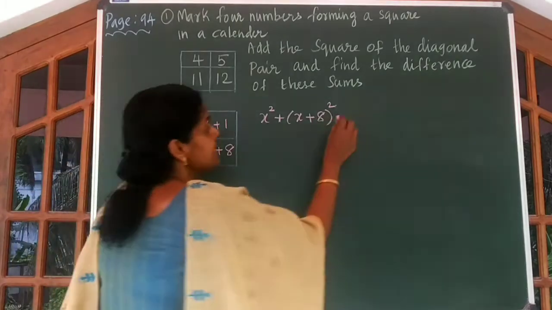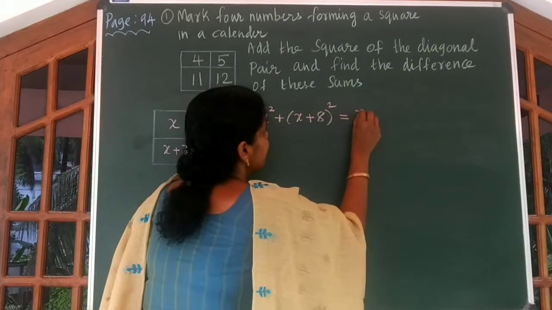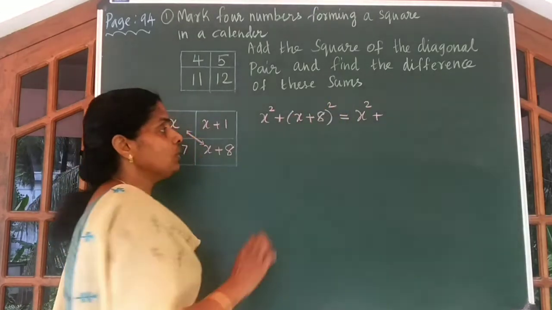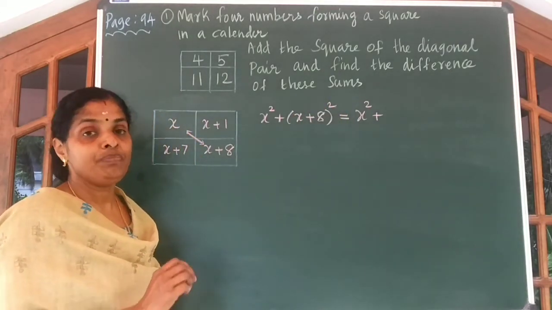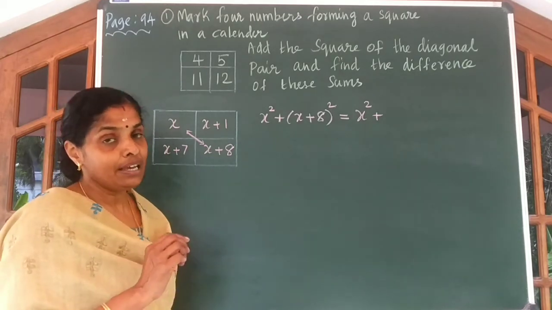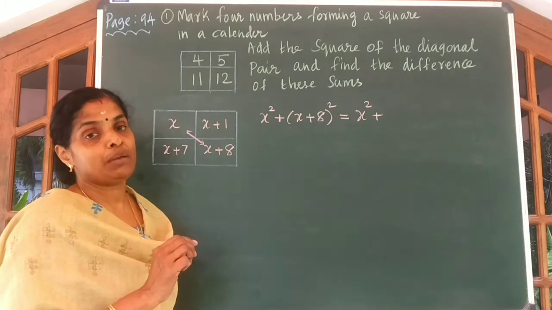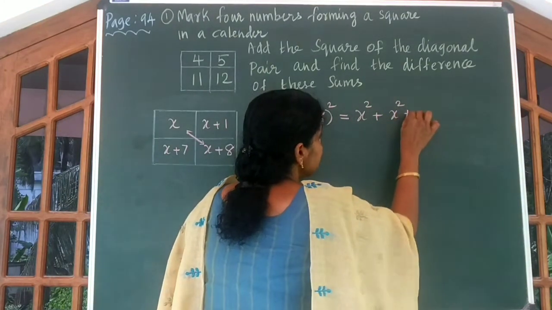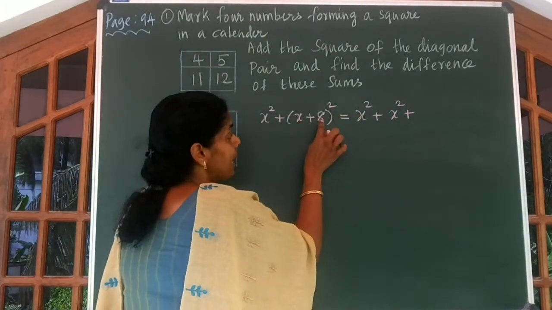This is equal to x square itself plus x plus 8 the whole square, which is of the form a plus b the whole square. We use the identity a square plus 2ab plus b square. So here we get x square plus 2 times a into b.